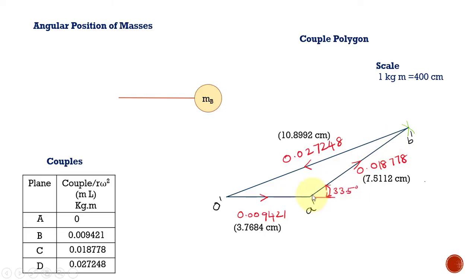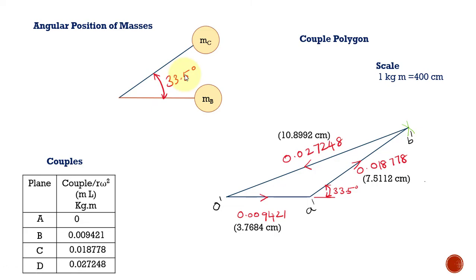I have measured this angle from horizontal, so it is 33.5 degree. Here I'm just going to represent the same direction for MC. This is the parallel line I have constructed here, and this angle is 33.5 degree.